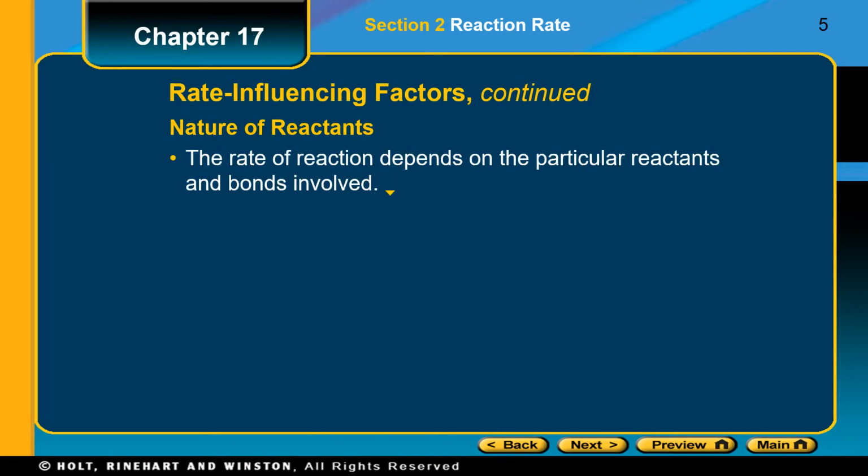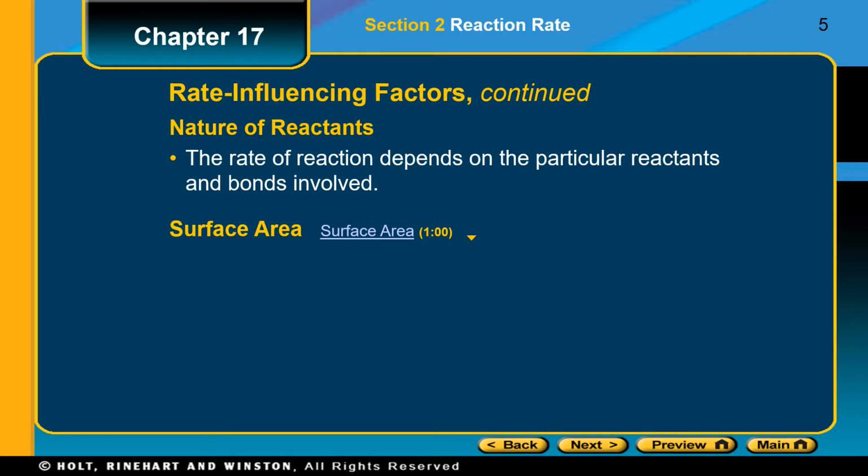So let's begin with the nature of the reactants. The rate of a reaction depends on the particular reactants and the bonds that are involved. We could think about how fast, for instance, iron rusts, as opposed to how fast iron particles in a hand warmer react.